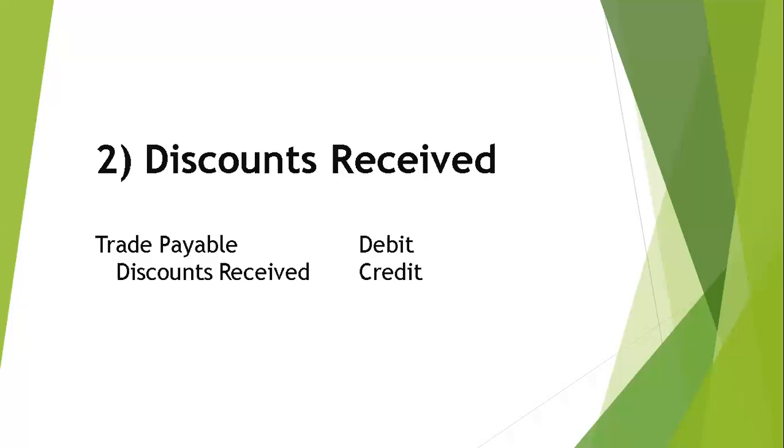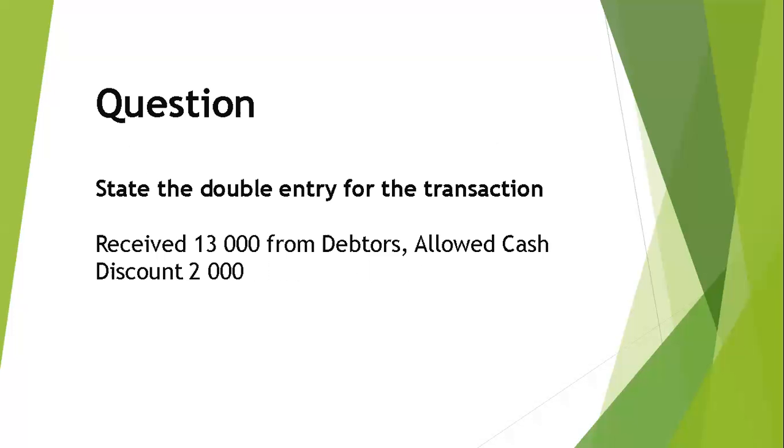So the double entry is debit trade payable, and at the same time credit discounts received. Let's do an example question so we can understand very clearly. So take a minute and try to state the double entry for the transaction.